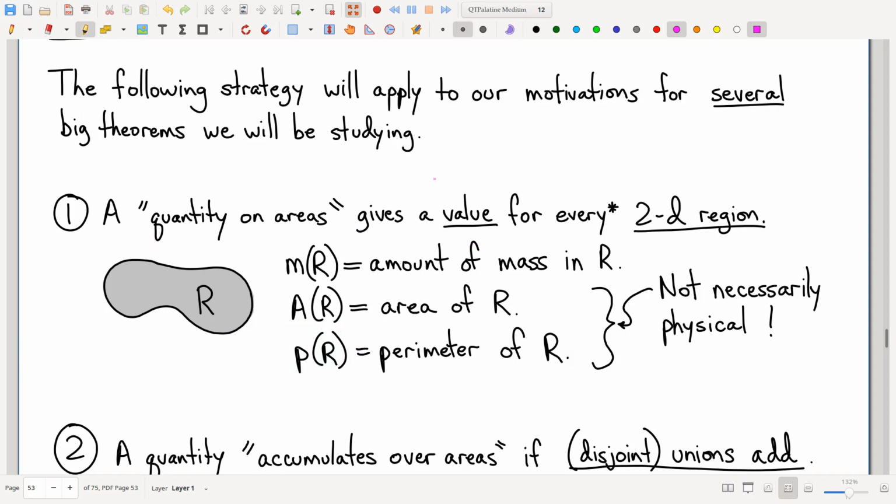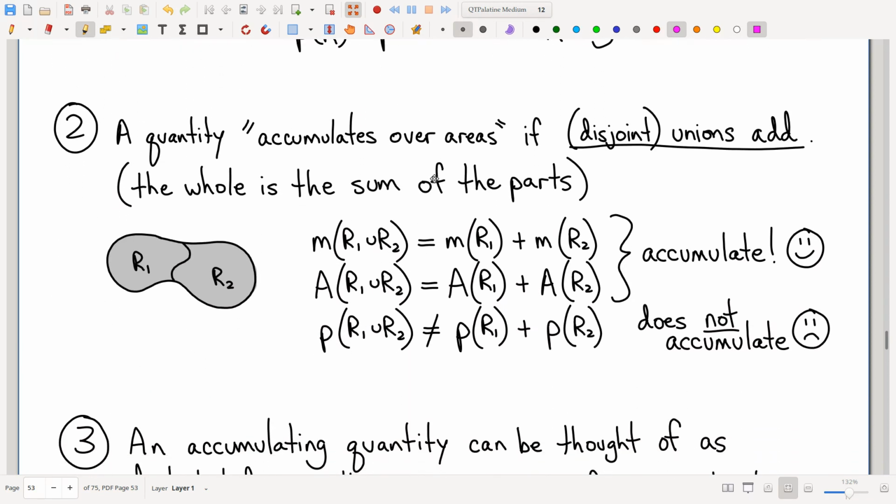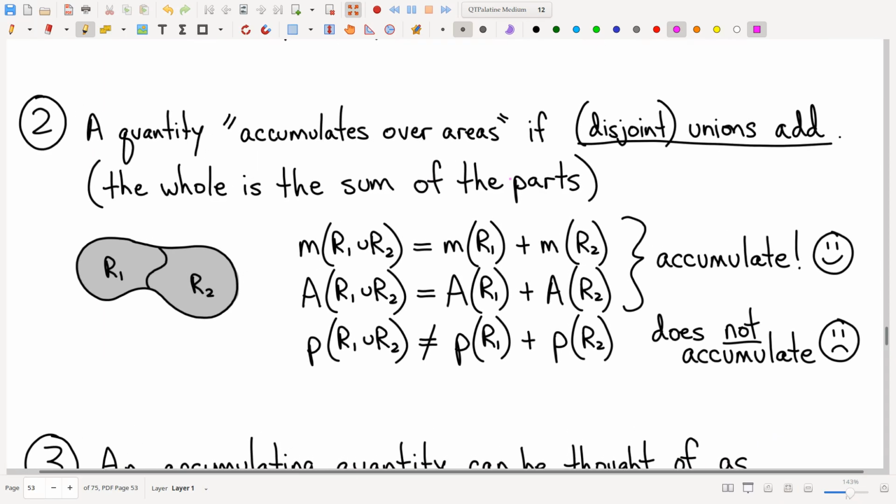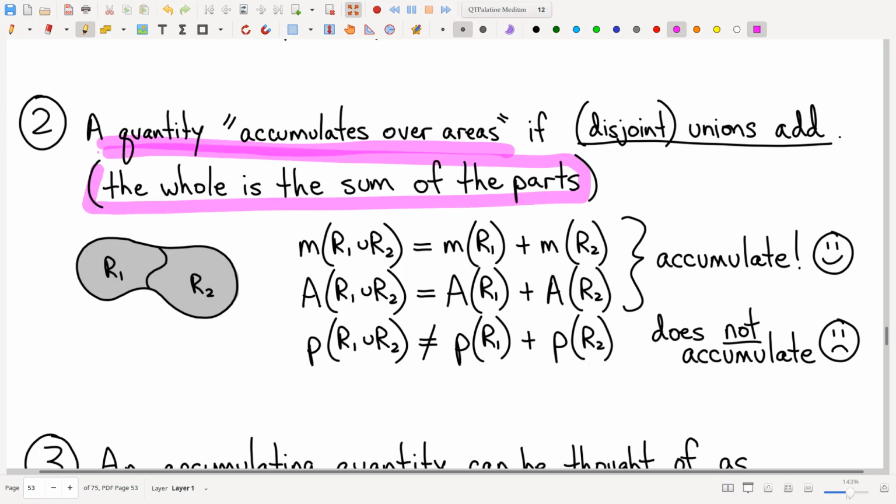Okay. Next idea. Now, we've talked about this before, but I've been kind of hand-wavy about it. Here I want to make it just a little bit more precise. This is the idea of an accumulating quantity. Specifically, a quantity that accumulates over areas. And all I've told you about this in the past is this phrase right here: the whole is the sum of the parts.